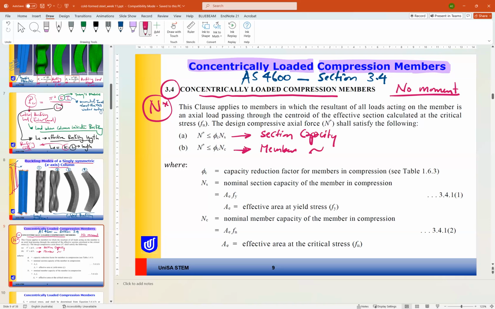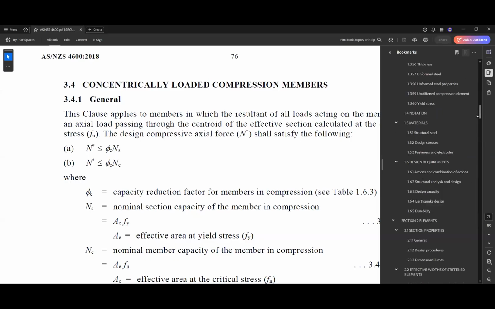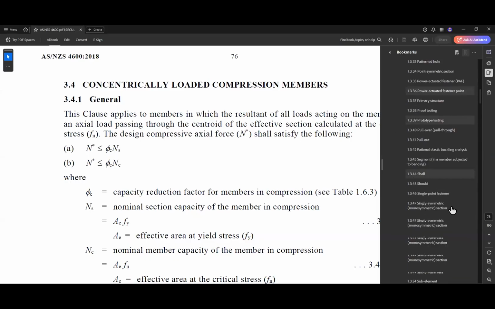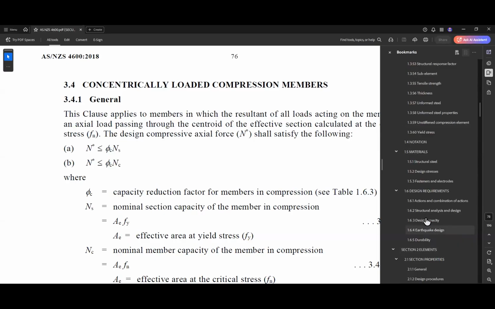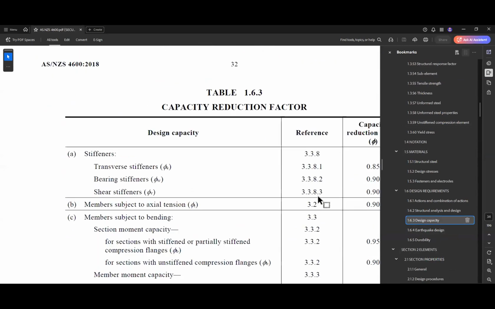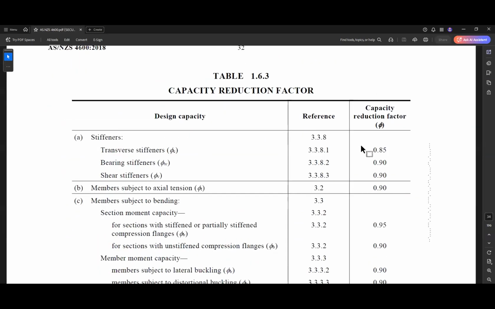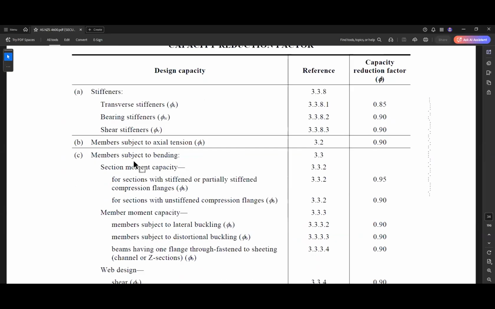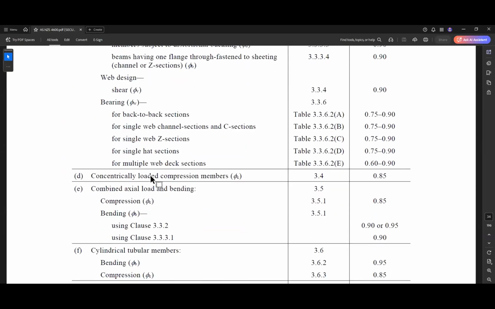Okay, where phi C is the capacity reduction factor for members in compression, table 1.6.3. If we go to the standard quickly to get an idea how much phi C is from table 1.6.3, here is our table, for concentrically loaded compression members.